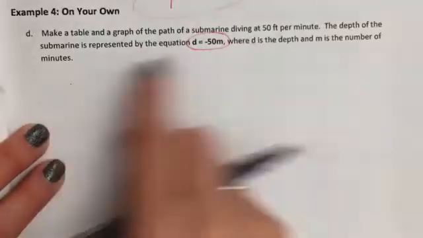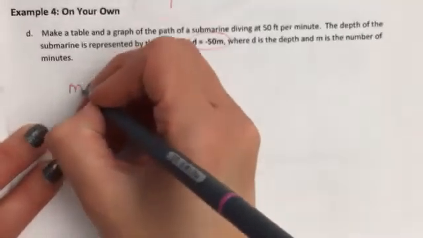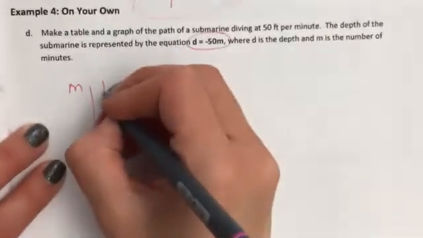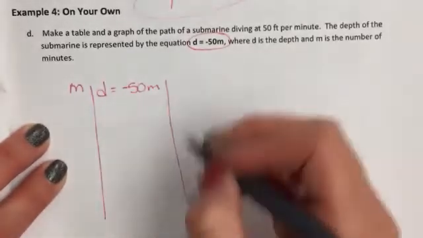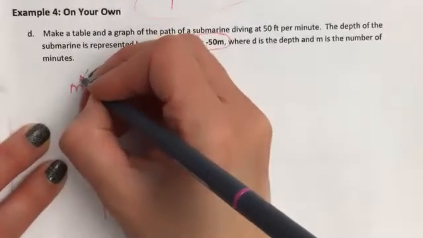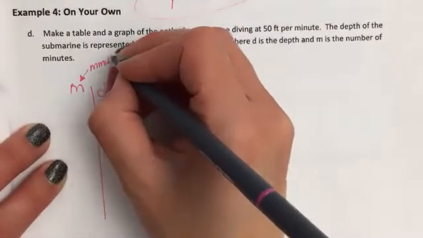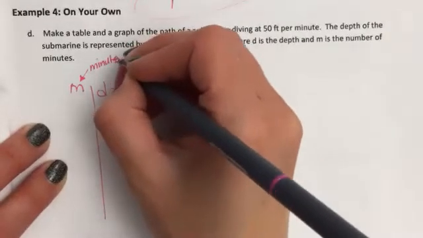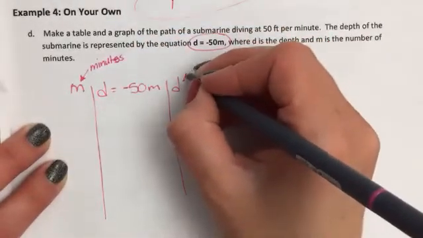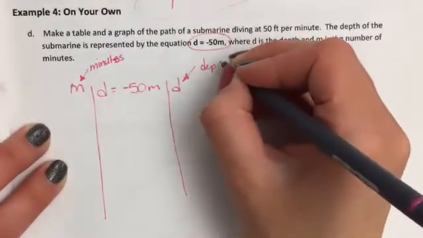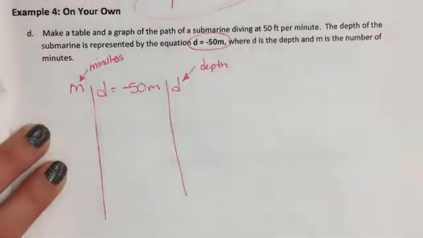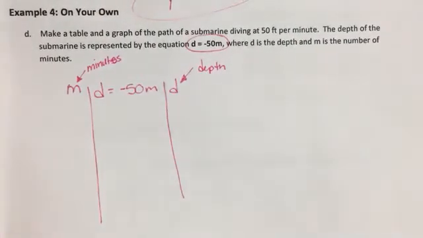So I'm going to make my table, and instead of an x, I have an m, and my equation, and then my d. One other thing that I think is helpful, especially in these word problems, is to know what these letters mean. So m is minutes, and d is depth. They tell us that in the problem, but this helps give an image of what's happening.